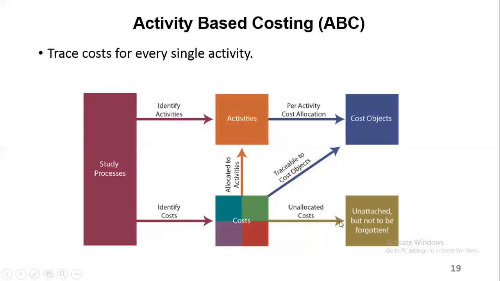Not all the activities will have costs you can allocate to them. There are some things that you might do, but you do not plan to do them, or maybe you do not think they will be necessary. And then there are costs traceable to cost objects in the cost per activity allocation. This will form your cost objects.